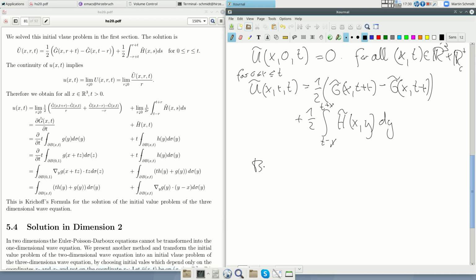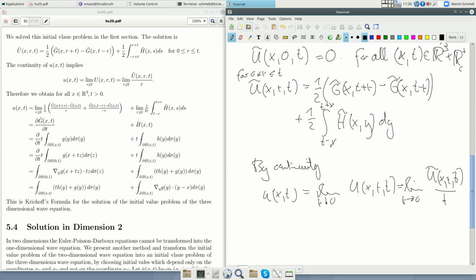Also by continuity, we clearly have that u of x and t is the limit r going to 0 of u of x and r and t, and this is clearly the limit r going to 0 of u tilde of x and r and t divided by r. By definition, u tilde was u times r, so we have this.